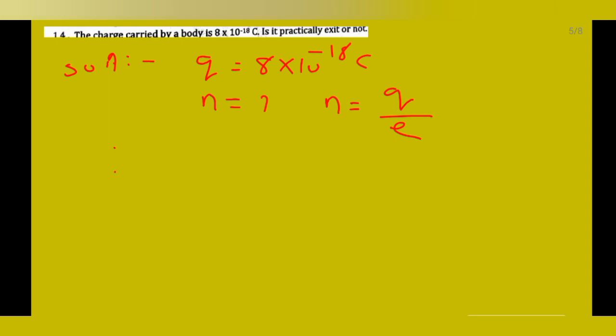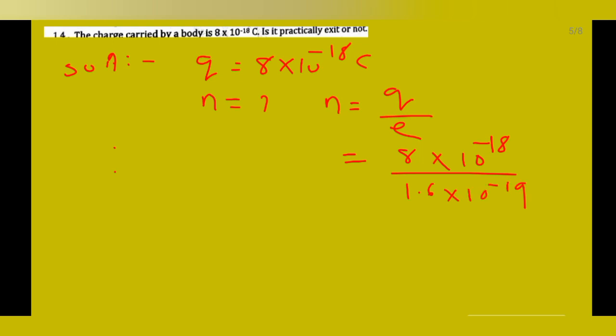Next question: the charge carried by a body is 8 into 10 to the power minus 18 coulomb. Does it practically exist or not? So here Q is given as 8 into 10 to the power minus 18 coulomb. We first have to find the number of electrons. The formula is total charge divided by charge of one electron. Q is 8 into 10 to the power minus 18 and the charge of one electron is 1.6 into 10 to the power minus 19.